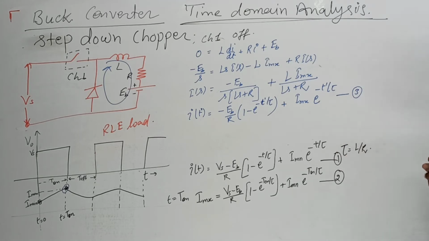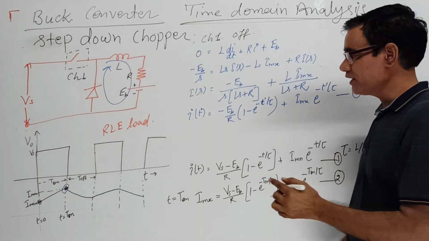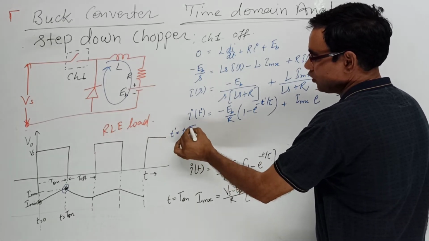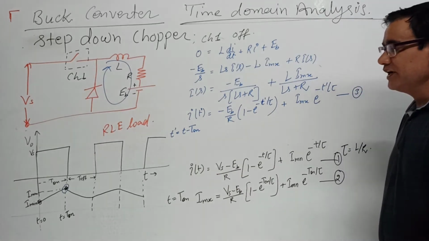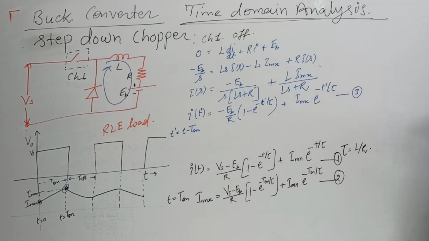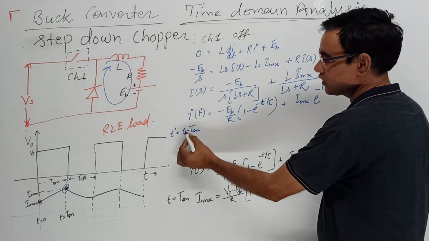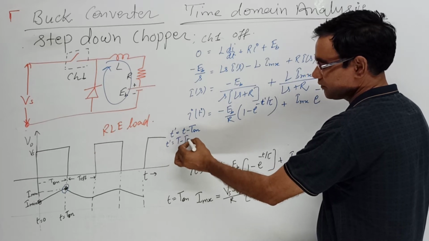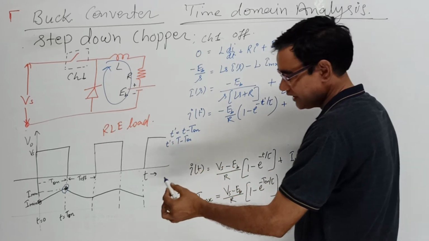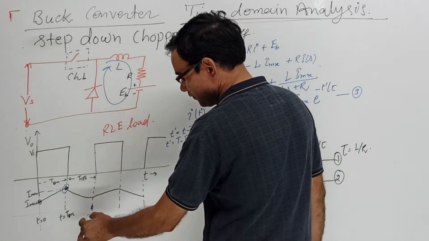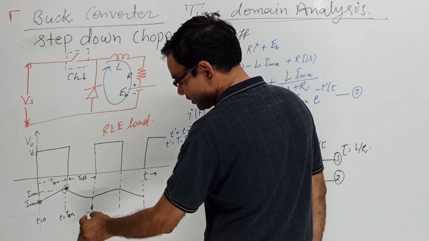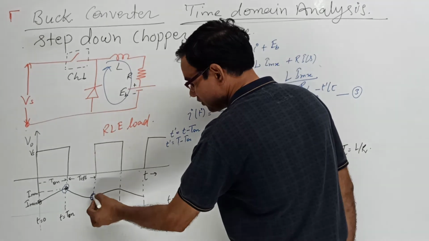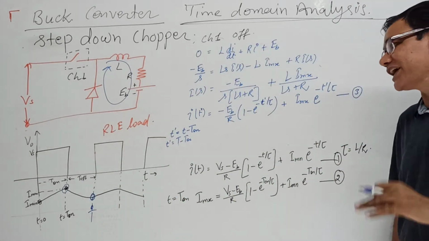Here t' is the time, and t' is nothing but t minus T on. So when we put t equal to total time T, t' is equal to T minus T on. When we put t equal to total T, the value of I is I minimum.